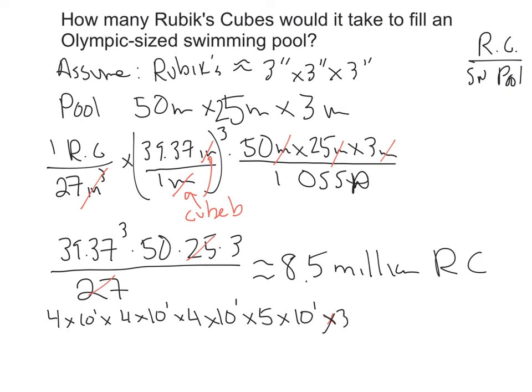If we put all the numbers together, we're going to get 4 times 4 times 4 times 5 times 3 times 10 to the 1, 2, 3, 4.